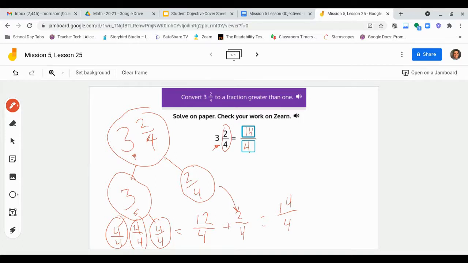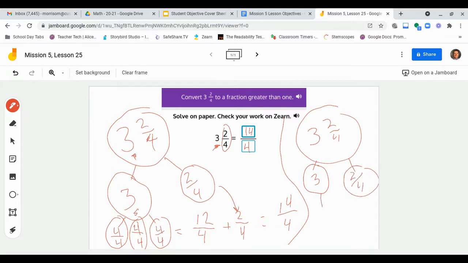Now, there is another way you could do it. And so that way is, if you really need to break it down, that is fine. Now, if you feel comfortable, and if we took the same idea, 3 2/4, and we're going to, let me create a little wall to separate here. If I had my 3 wholes and I still separated my 2/4.